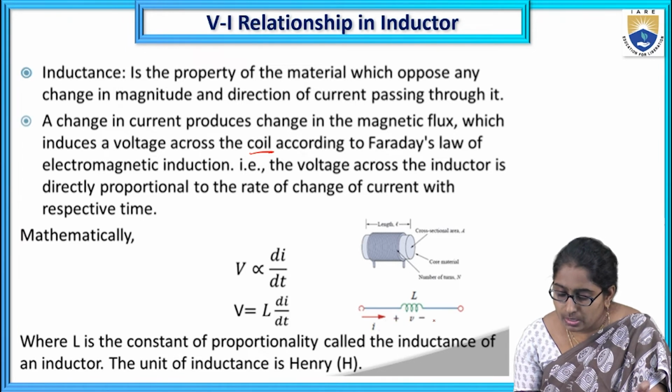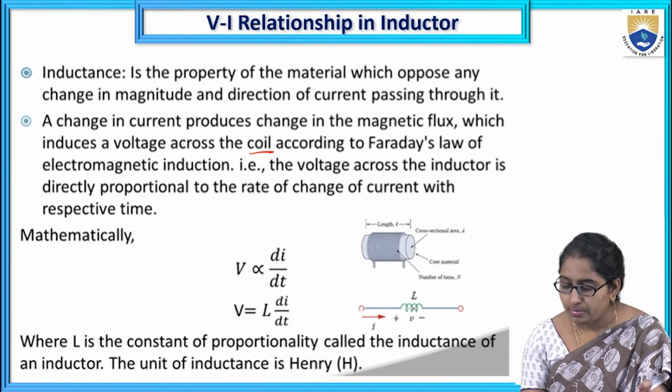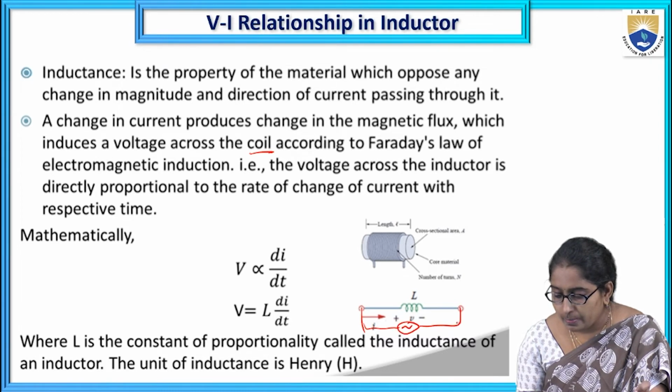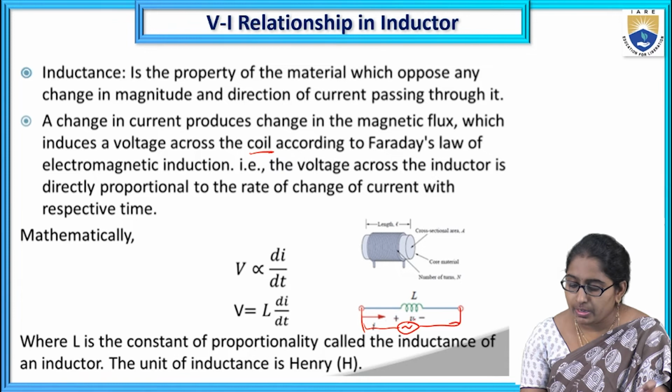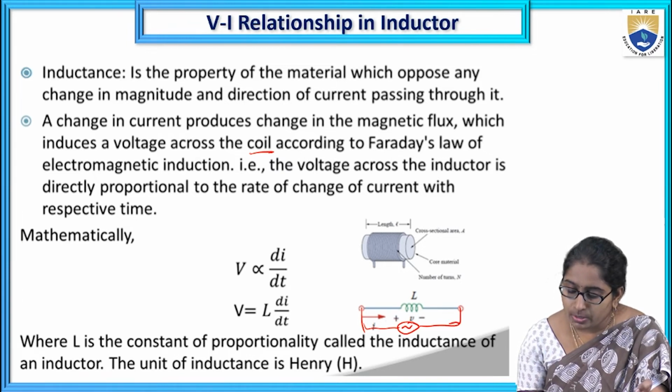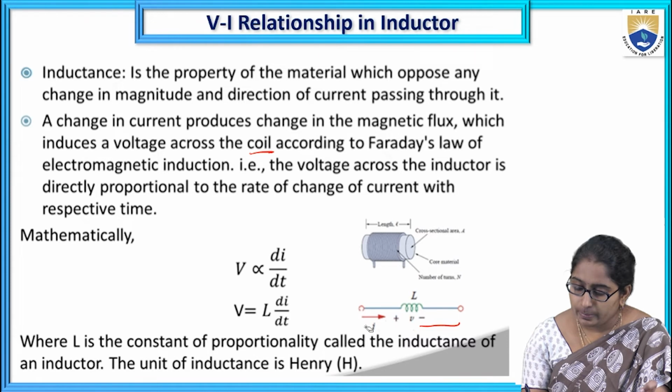The electronic symbol of L is shown here. When a voltage is applied across this, current I flows in the circuit, which produces magnetic flux, which induces voltage V.